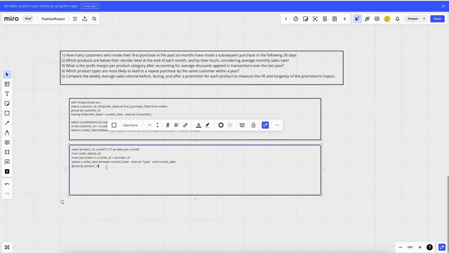So now we have the average sales per month for each product over the last 1 year. Now I have to calculate the average. So I'll just say select product ID, average of sales per month as average sales, and do a group by on product ID.